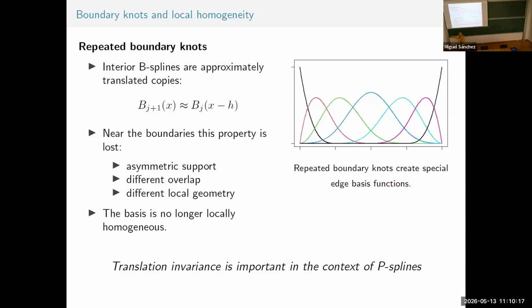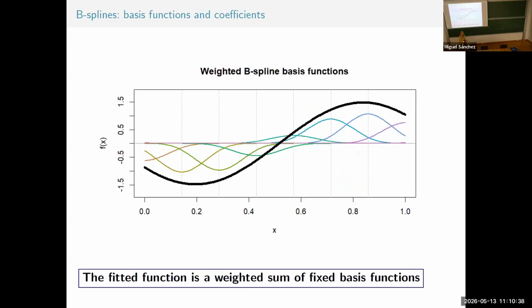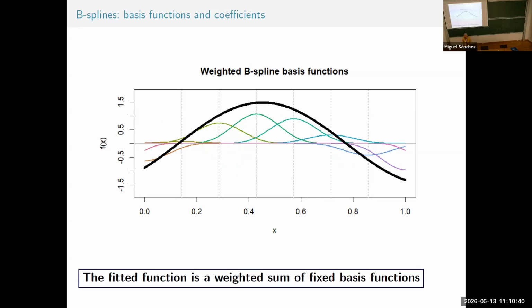Unless I allow the B-spline to continue, I cannot do this, okay? So this is one of the reasons why, in my environment, we prefer these uniform B-splines, okay?